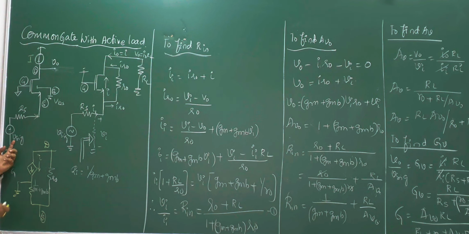Here, the finite output resistance is considered. With respect to considering the finite output resistance or not, what are the changes you can observe with respect to input impedance? Without this r0, the input impedance is just 1 by gm.